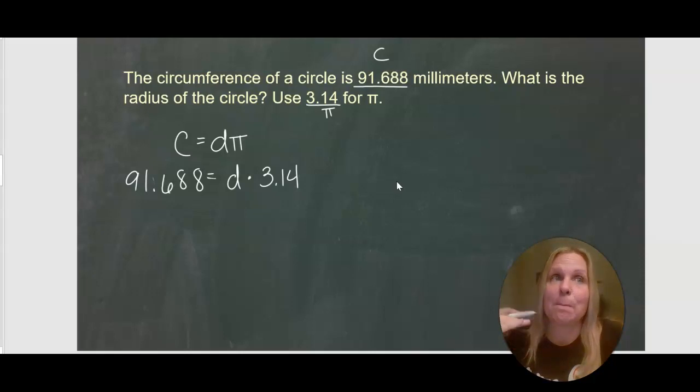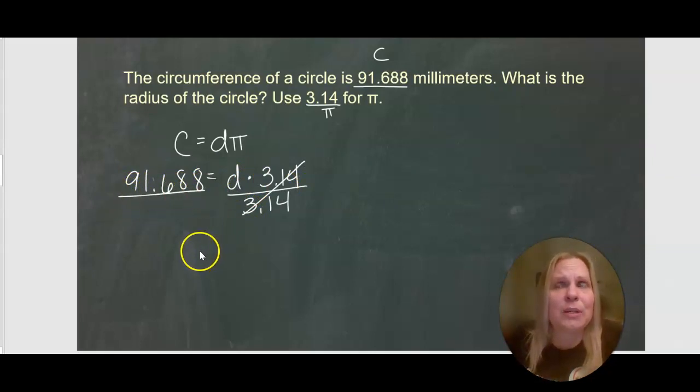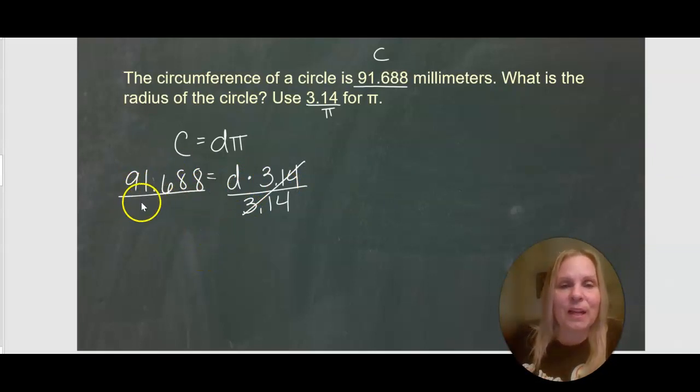If d is being multiplied by 3.14, then I undo that by dividing. So I'm going to divide by 3.14, and that will undo the multiplying. It's the inverse operation. Remember back to module, I think that was module 2. And I'm going to divide on this side as well.